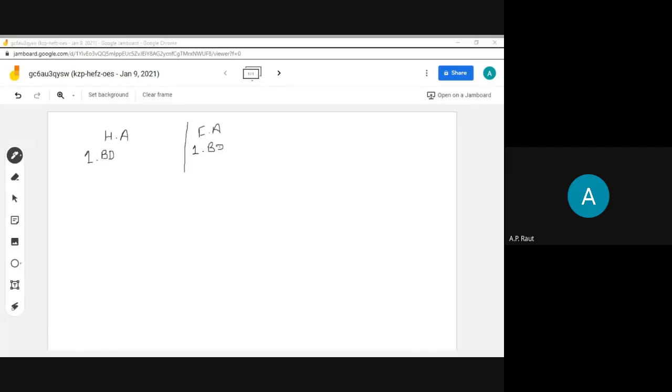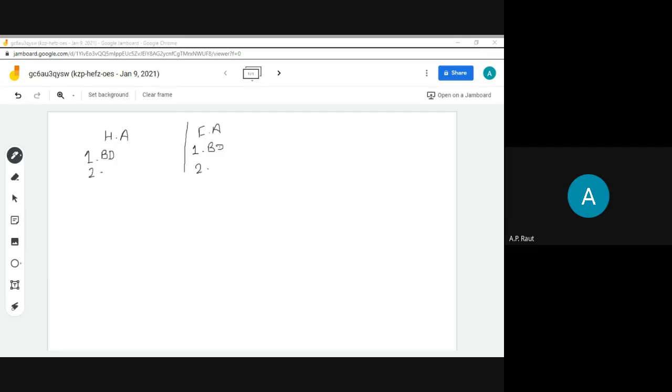Second point. In the half adder, it contains 2 inputs and 2 outputs.